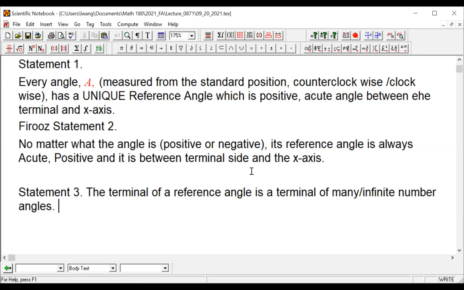Any questions so far? This is regarding reference angle. Any other comments anybody wants to make? Put them on chat, and we'll copy and paste and put them on the screen. Do you follow me?